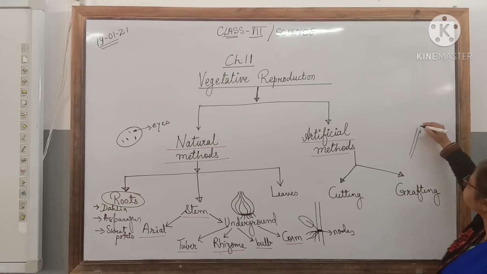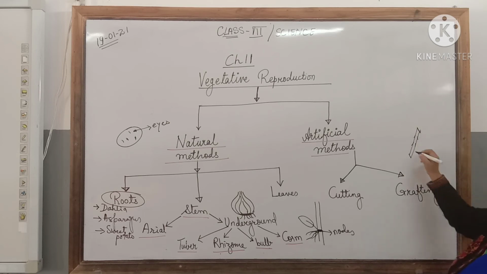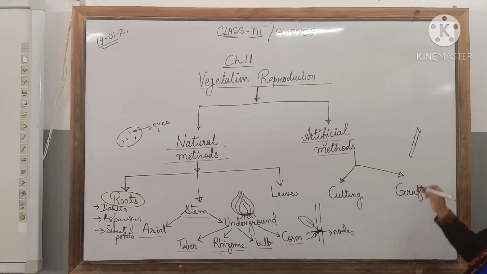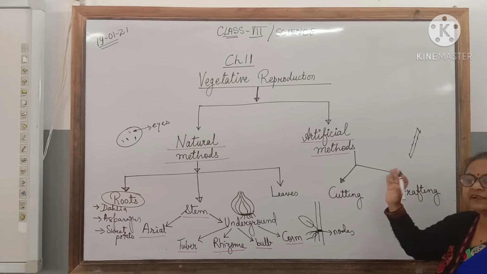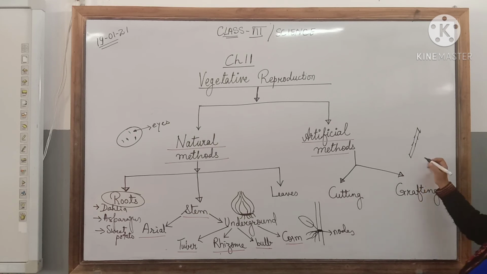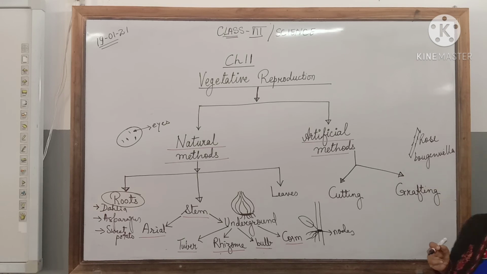This slant cut has to be made this way, and there should be nodes and internodes so that the plant can grow leaves and roots from it. It has to be planted in this slanting manner in the soil, watered, and then it will develop into new plant. Stem cutting is very common for rose, bougainvillea and hibiscus.